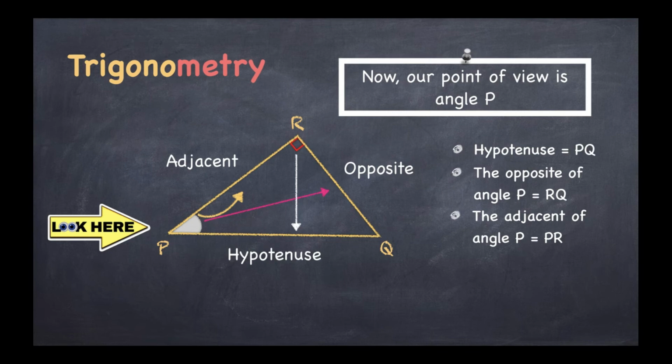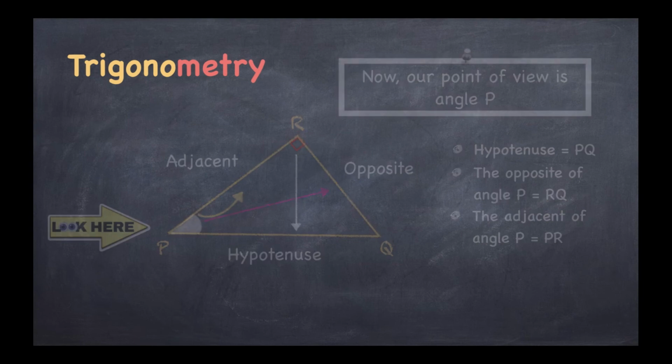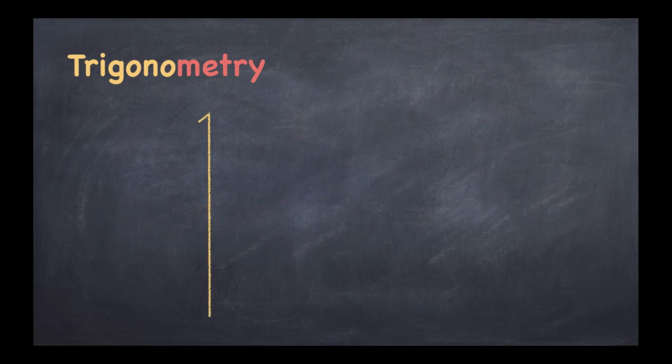The next one, we can find the opposite side. The opposite side is the side in front of our point of view angle. And the last one is finding the adjacent. If you already find the hypotenuse and the opposite, finding the adjacent will be very easy. Okay, so now go on to the next triangle.